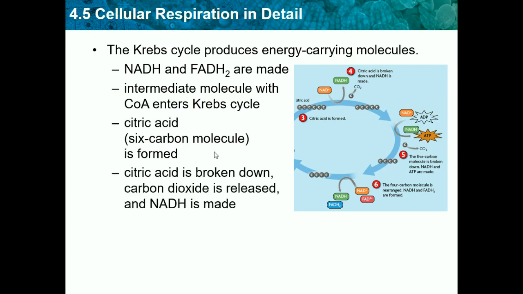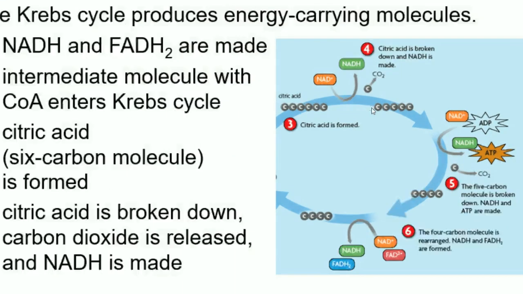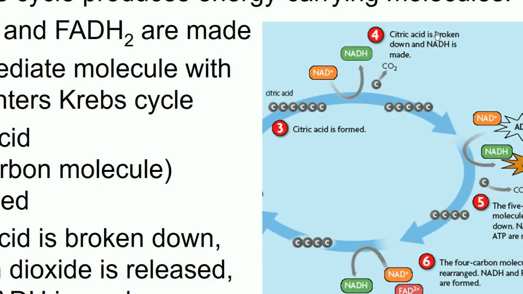So citric acid is broken down through enzymes, and carbon dioxide is released, and NADH is made. If we look here, citric acid is broken down and NADH is made. This is our citric acid, and this is what it becomes.